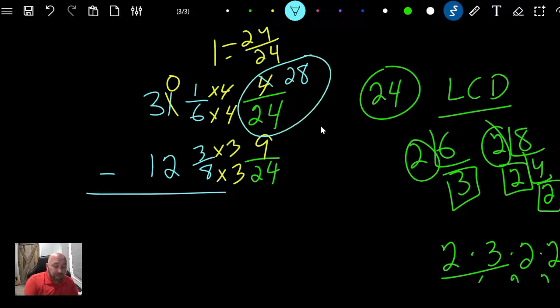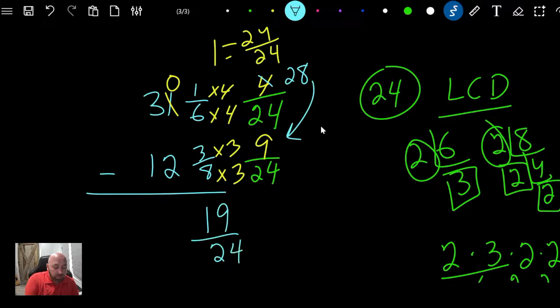So our new fraction right here is actually an improper fraction. It's 28 over 24, but we had to make it improper so that we could subtract 9 from it. 28 minus 9 gives us 19 over 24.